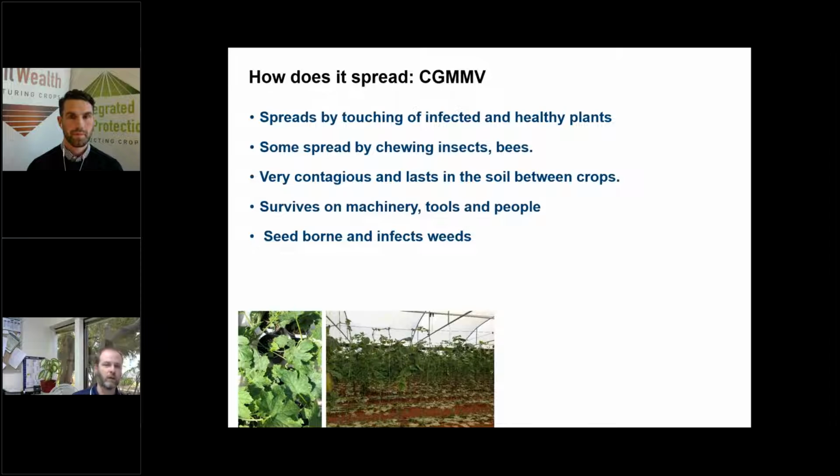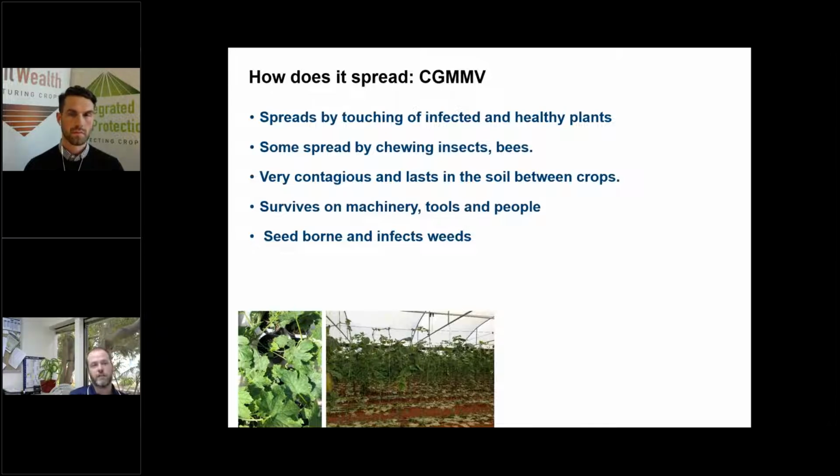Where it seems to survive the longest is where you have desiccated, dried out leaf material, and even things like maybe tendrils in a shade structure where they've grasped onto something, and as you clean the crop out, there's some of those tendrils left. New crops coming and touching those dried out, desiccated material is pretty infectious, whereas just on its own, kind of loose in the soil with all the other bacteria and fungi and things in the soil, it's not going to survive as long, but it does survive longer than most other viruses. So it's an area to look at.